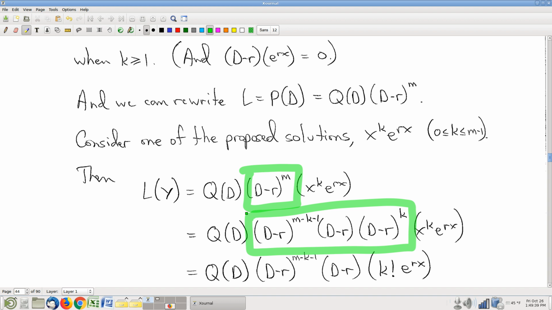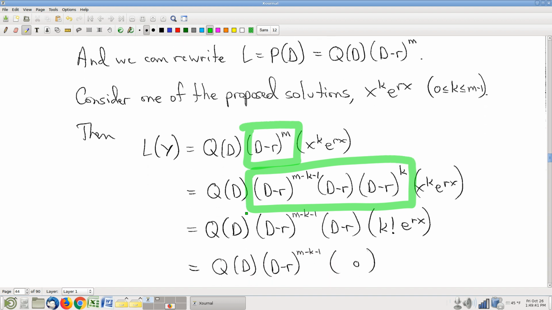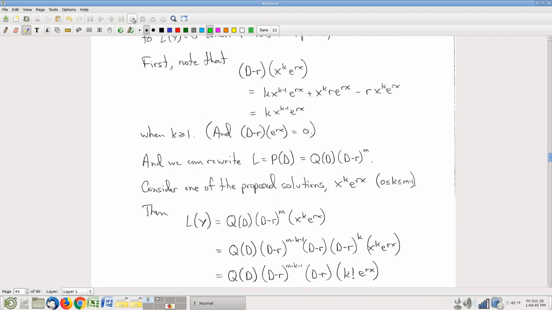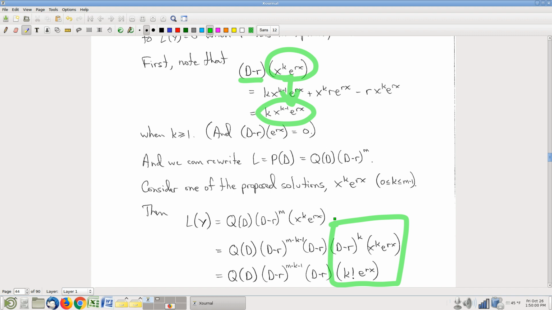And then now let's apply what we know about this algebra. First, keep in mind, d minus r reduces the exponent by 1 and gives us an extra factor of k, and do that a bunch of times, and this is what happens. x to the k first turns into k times x to the k minus 1.